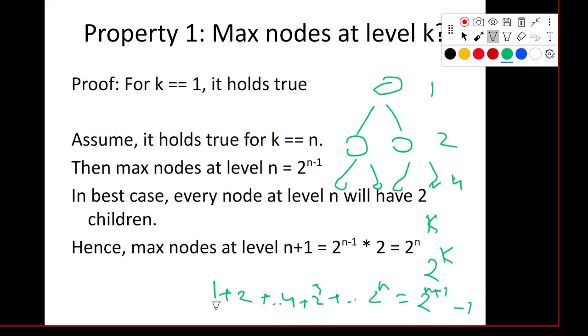This is a simple geometric progression, or you can understand it as bits: this one is this bit, this 2 is this bit, and this 4 is this bit. So it is basically all ones, n ones, and that would be 2 raised to n plus 1 minus 1.